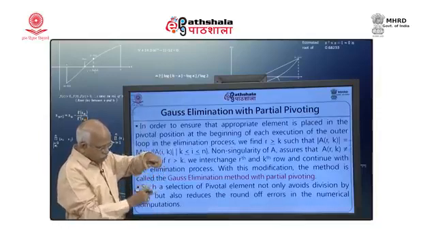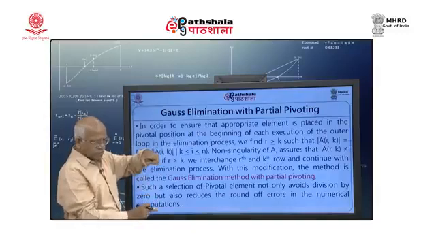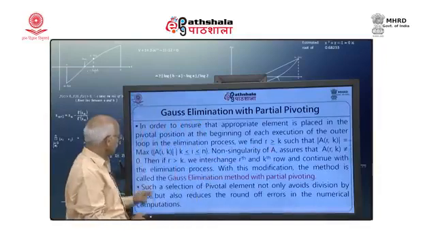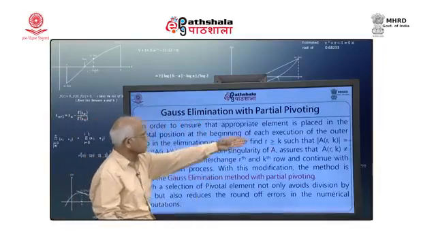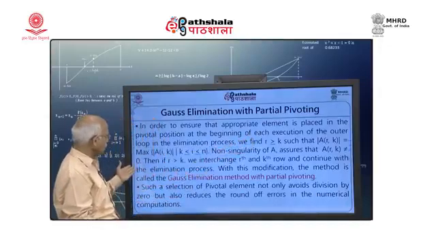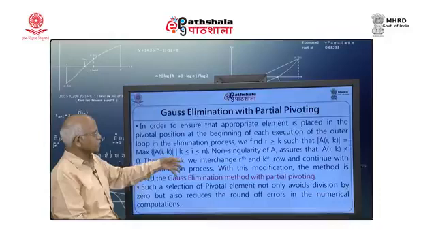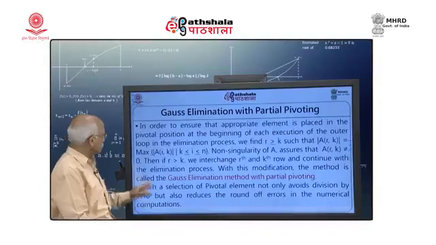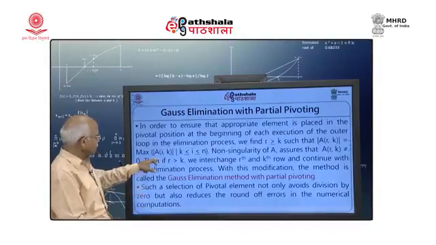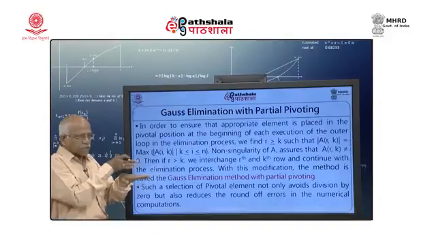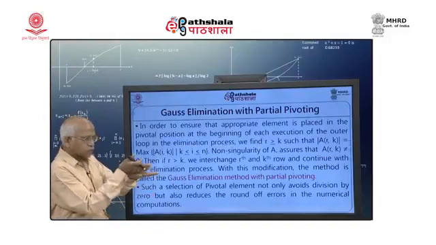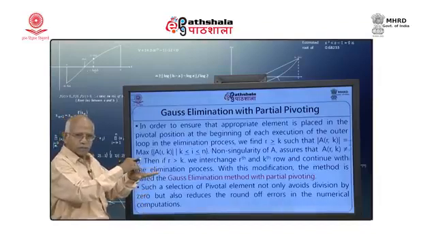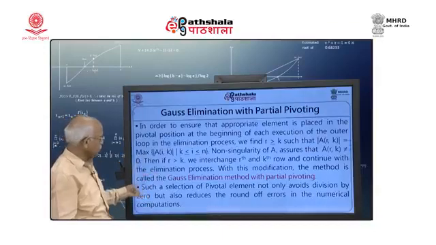In that column we find which element has the maximum magnitude, and I denote it by a_rk. If a_rk is 0, then we say that the matrix is singular, and the algorithm will be terminated anyway. If it is non-zero and r is greater than k, that is, r is not k, then we interchange the kth and rth rows, so that the rth element in that column becomes the kth column element a_kk, which will be non-zero.